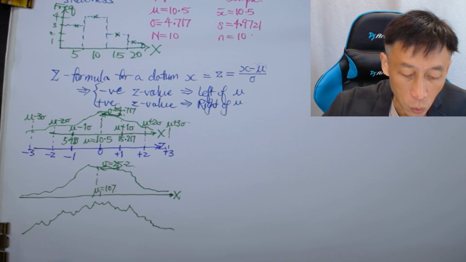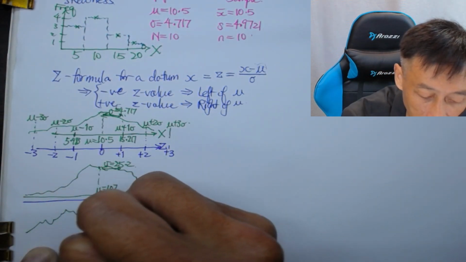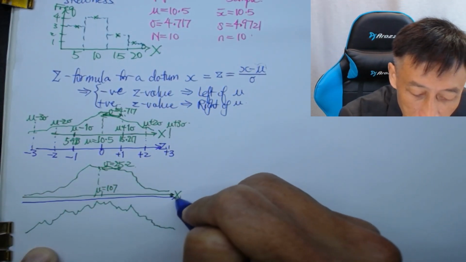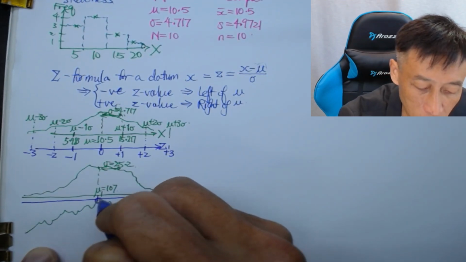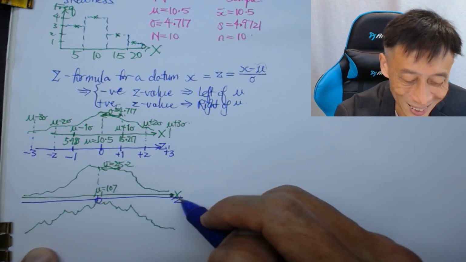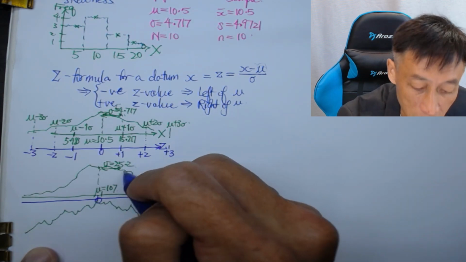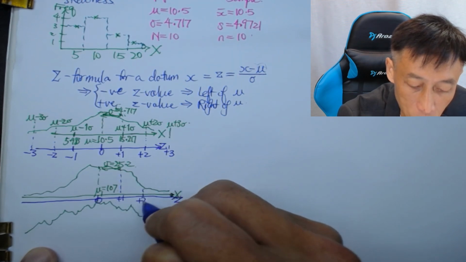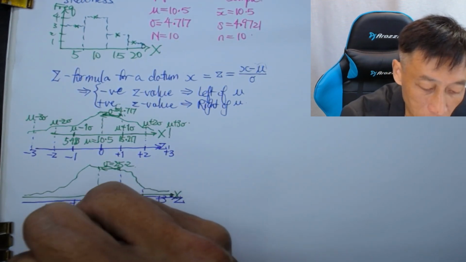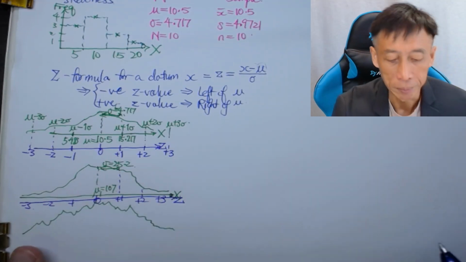But when you map to the z-axis, in other words, don't tell me about the x values, tell me about the z values corresponding to the x-axis, then you will get the same thing: +1, +2, +3, -1, -2, -3. And you get the idea.